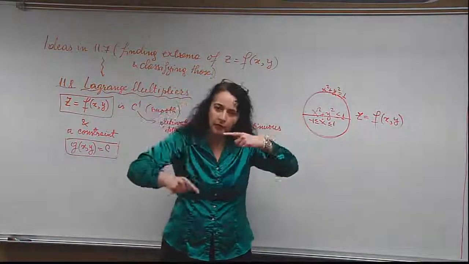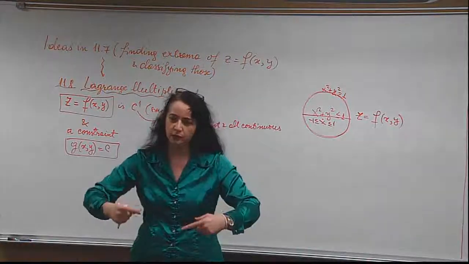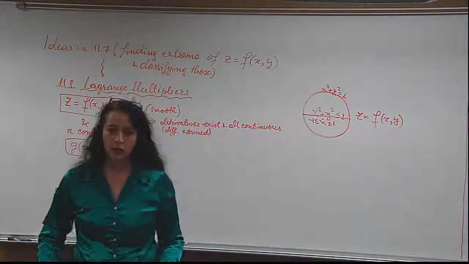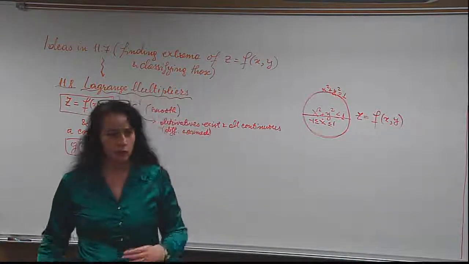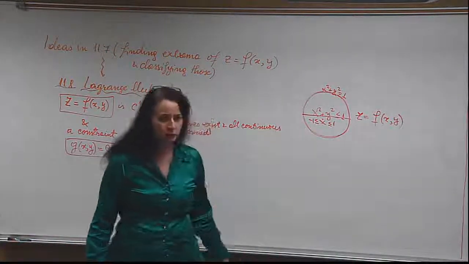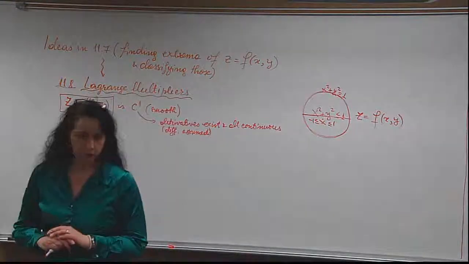So we made a table of all the possible values, including all the critical points and the values at the endpoints. Whoever's the tallest is going to be the maximum. Whoever is the smallest one will be the minimum. That was the philosophy before.